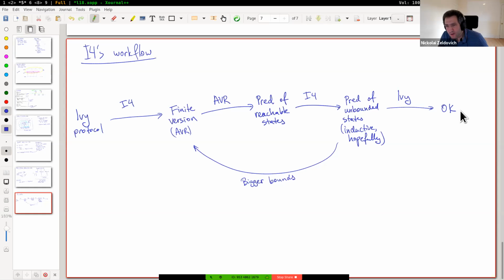And somehow, in Armada's case, this is not the approach they take. It seems to work reasonably well for I4 and Ivy proofs. But do you think this is a sensible thing to do for Armada? Could you take the state transition system for the Armada lock-free data structures and apply similar ideas to make that work out? Or do you think this is going to fall apart for some reason?